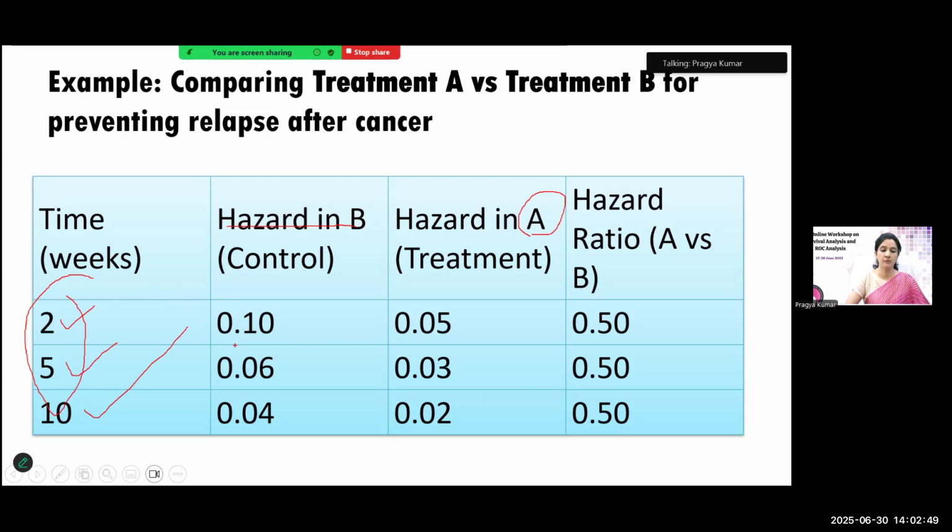The hazard is more in B because it is the control group. It is 0.1 here, but 0.05 here. If you take the hazard ratio, A divided by B, it is 0.5.